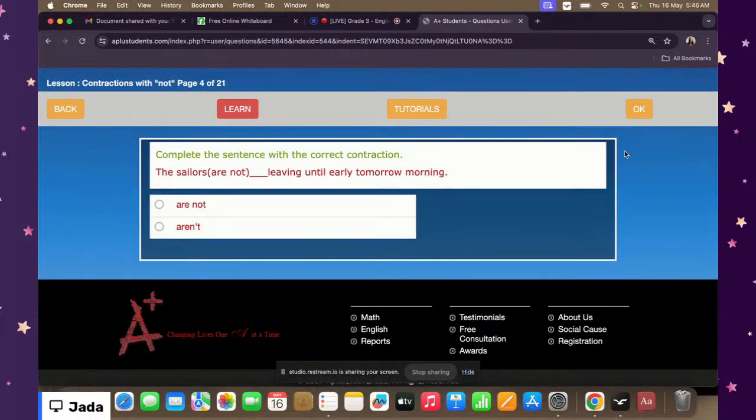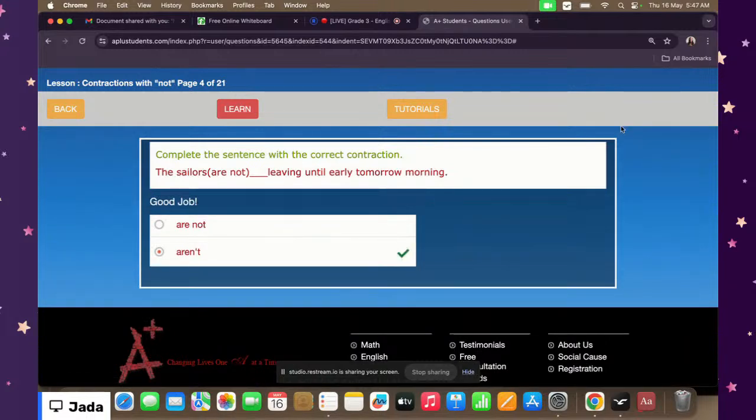The sailors are not leaving until early tomorrow morning. So are not. Shortened version, are not. Exactly.